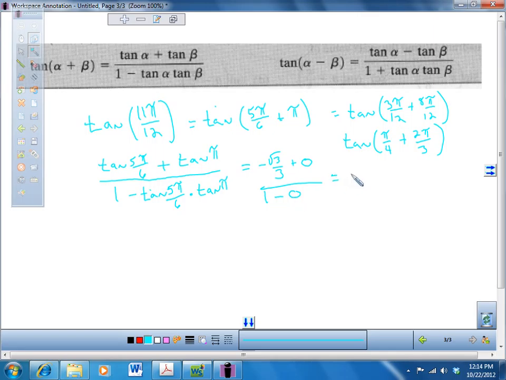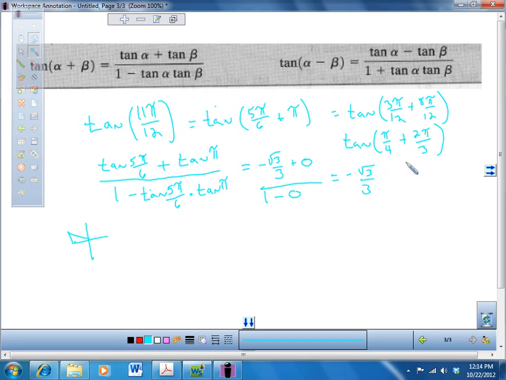Is it just negative root of 3 over 3? Because 5 pi over 6 is in the second quadrant, and tangent is negative in the second quadrant. Yeah, so the answer is just negative root of 3 over 3.